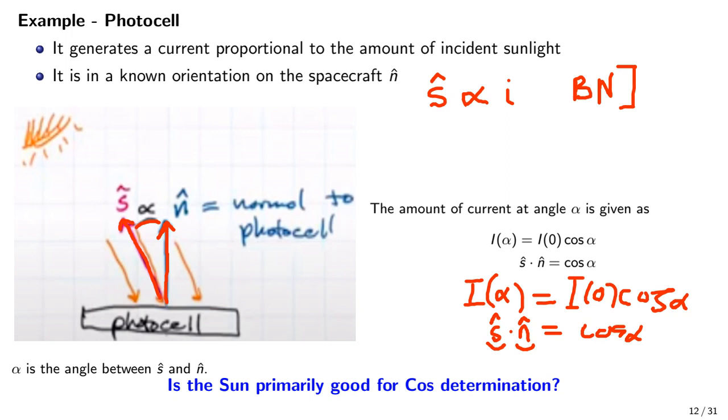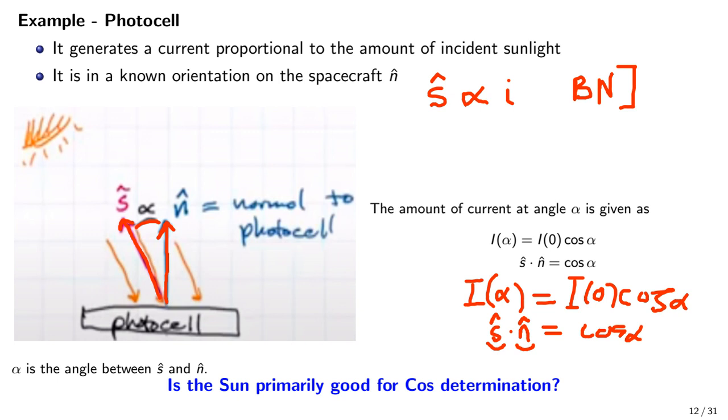Compare it to your magnetic field: the higher the altitude, the more it affects the accuracy of measurements from your magnetometer. But the sun is fixed, and you don't expect a lot of variation.